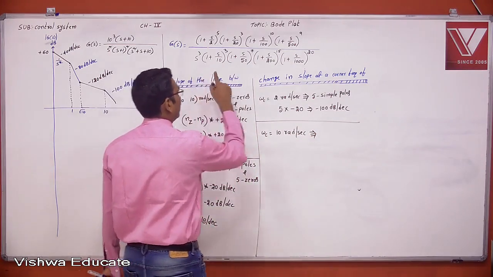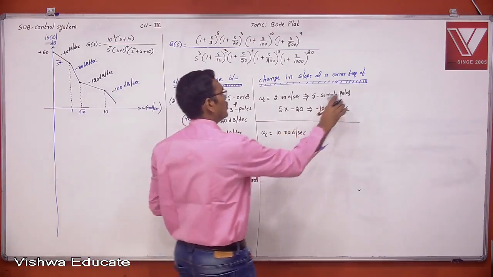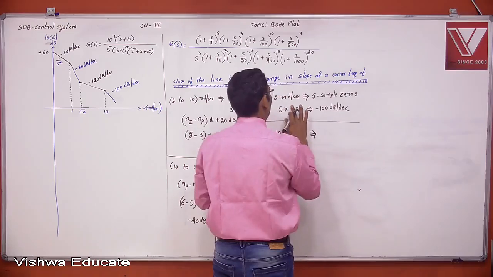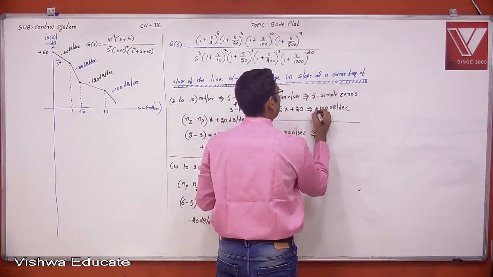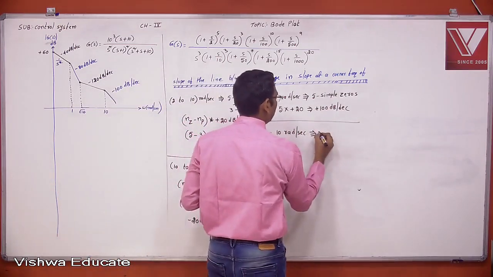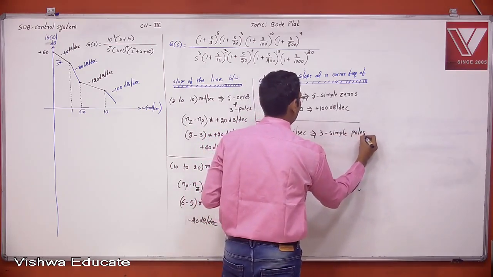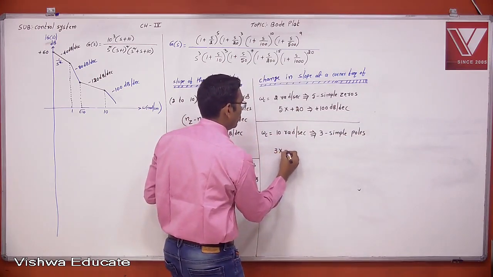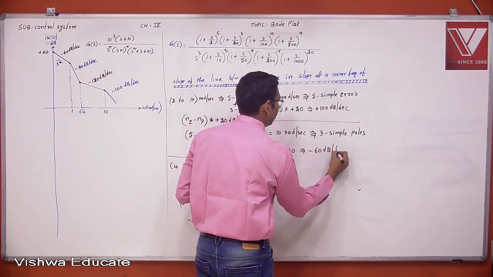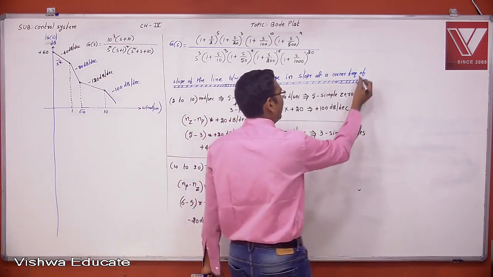At 2 radians per second, this is 5 simple zeros in the numerator, so 5 into plus 20 is plus 100 dB per decade. Now at 10 radians per second, 3 simple poles is nothing but 3 into minus 20, which is minus 60 dB per decade. This is a change in slope at any corner frequency.